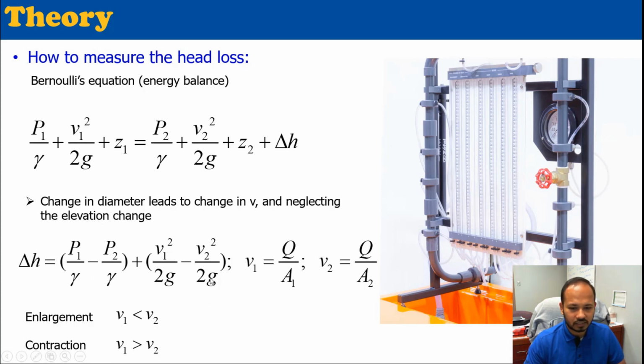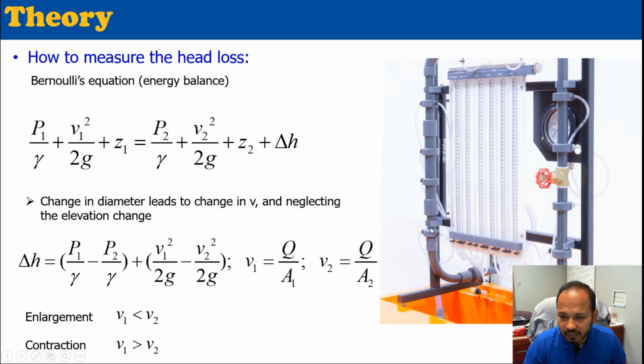The velocity term doesn't exist because there is no change in velocity within this length of pipe, since there is no change in diameter. So for the calculation, we can just get the pressure head if we know the pressure difference using the manometer.